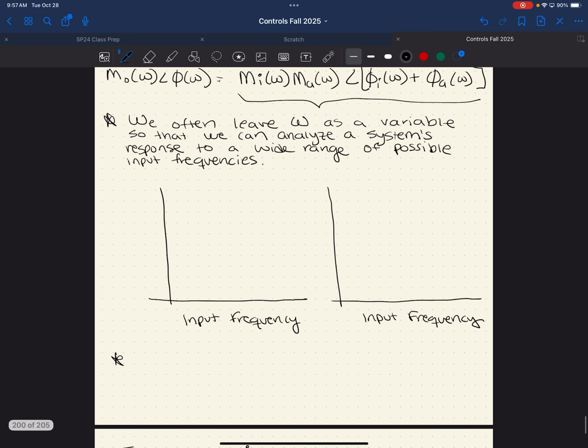So I want to give my system a range of input frequencies and see what happens to the output magnitude and the output angle. So the magnitude or the amplitude might change, might be attenuated, or it might be increased.